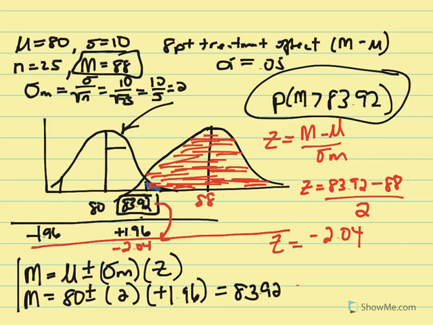Restating that original probability statement using a z-value, we have determined the probability of obtaining a z-score greater than negative 2.04 is equal to 0.9793.